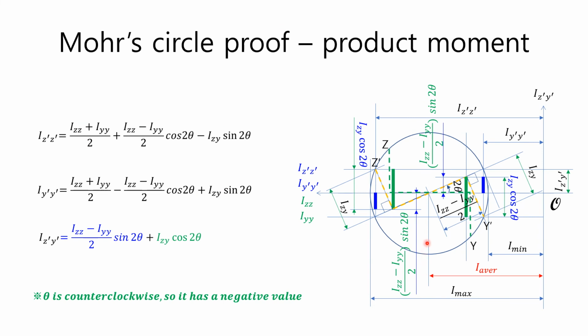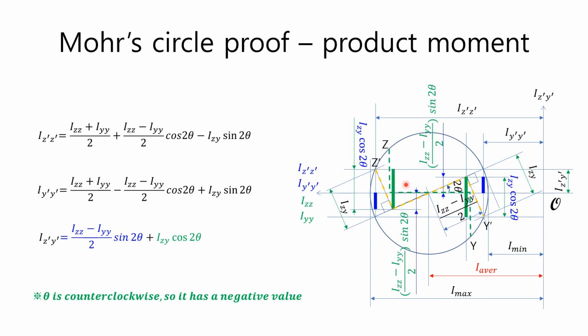We have another complicated figure. This figure on the right shows how the unknown product moment of area can be expressed with the known second moment of area Iz'y, Iy, and the product moment of area Iz'y when the rotation angle theta of coordinate axis is counterclockwise.